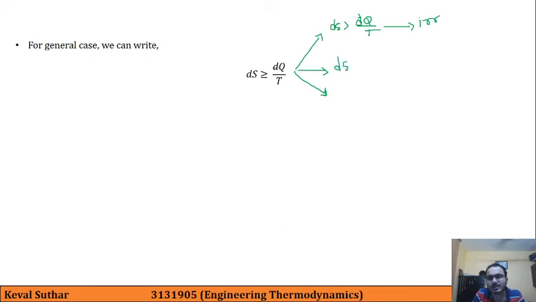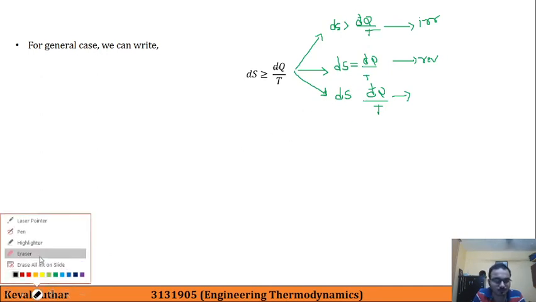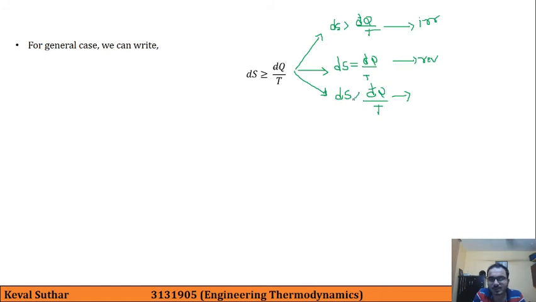When we have dS equal to đQ upon T, then it will be a reversible process. And when dS is less than đQ upon T, I need to change the inequality sign, then it will be an impossible process.